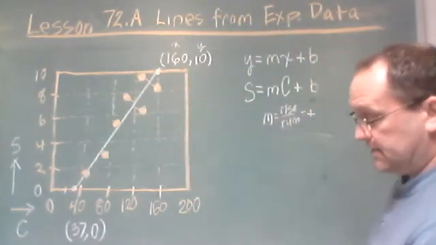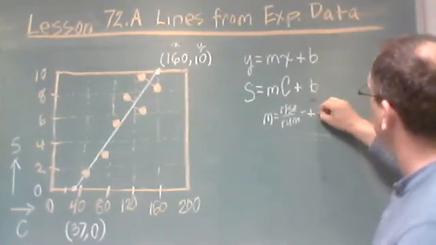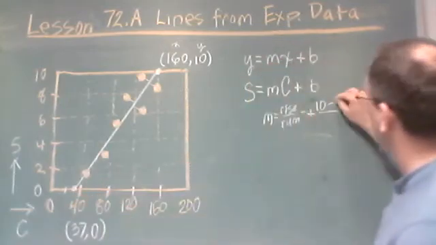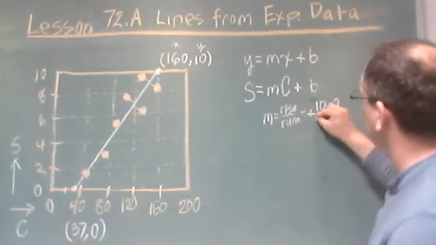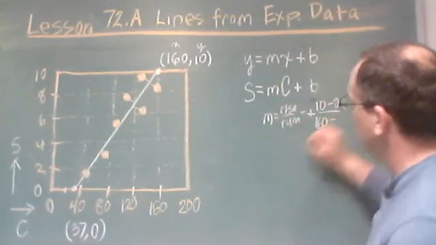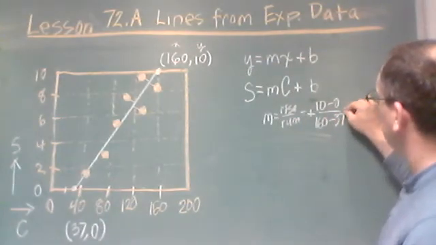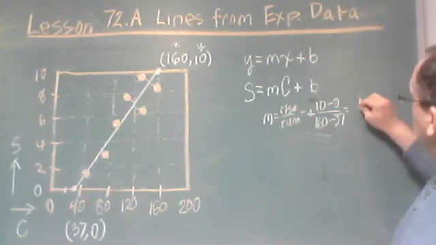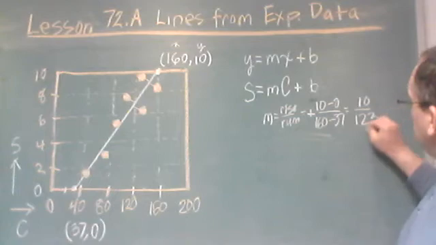My rise is going to be, it rises up to 10 units from 0 units. It runs all the way over to 160 units, and it starts at 37 units. Okay, that's my rise over my run. It comes out to 10 over 123.